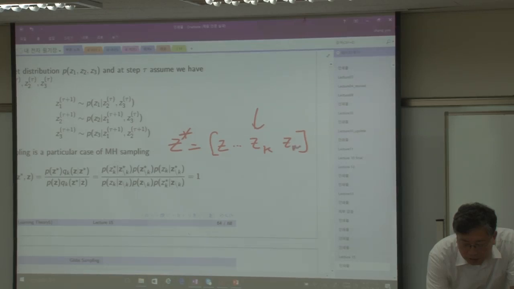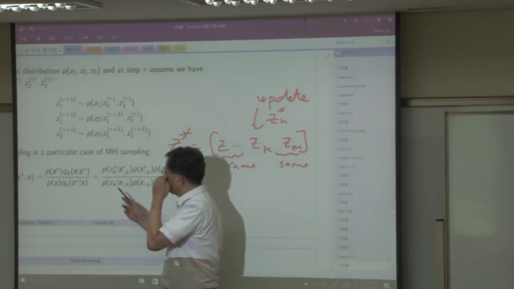All the other ones are the same. Only this one has changed to Z_k star. This is what we're looking at.